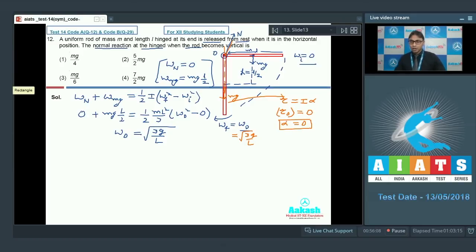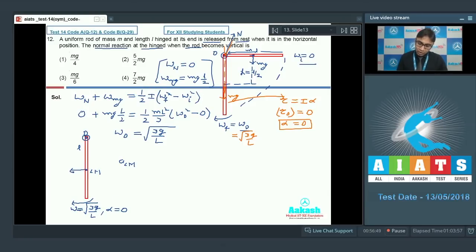Now if I redraw this rod in vertical position, we found that omega is equal to square root of 3g by L and alpha is equal to 0 in this vertical position. And we know that the center of mass will be at a distance L by 2 from the hinge point O. The acceleration of the center of mass will have two components.